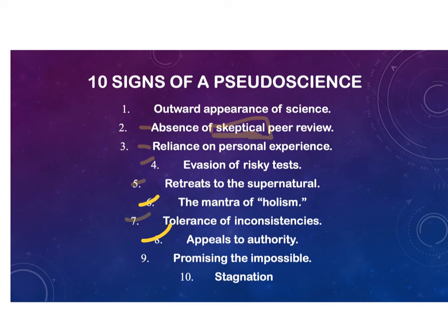Okay? Thirdly, or second to lastly, is promising the impossible. Pseudoscience often profits by making these very grandiose claims, like you can increase your lifespan, or we're going to cure cancer inside of you, and you'll live longer, and you'll live healthier, and you won't age as quickly, and all this stuff.